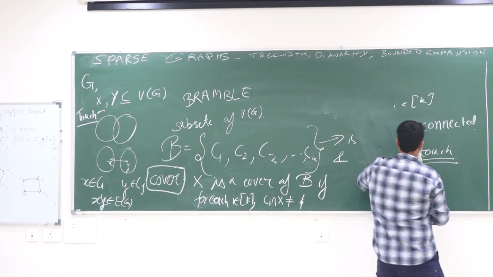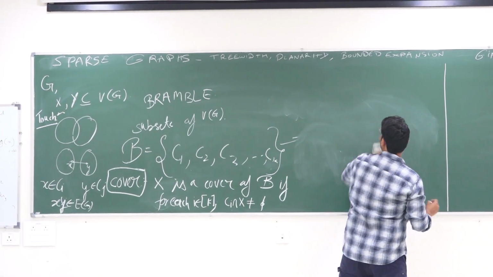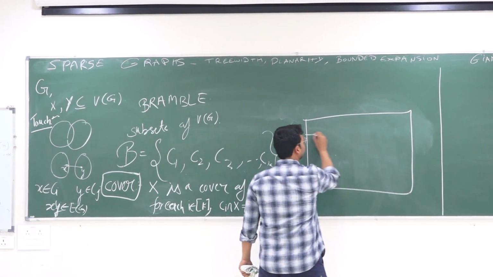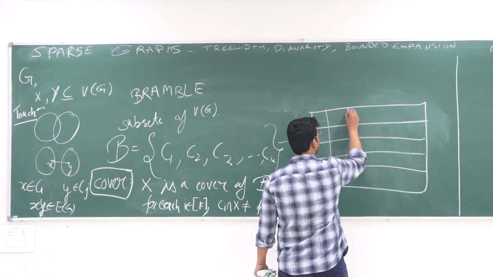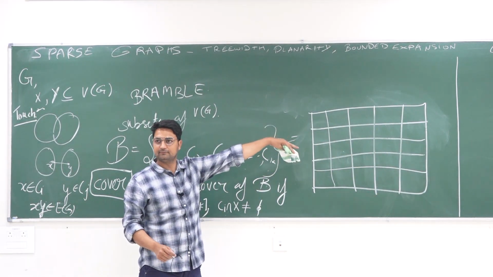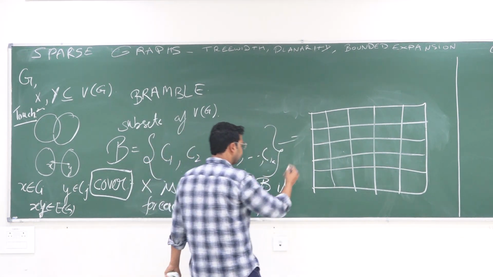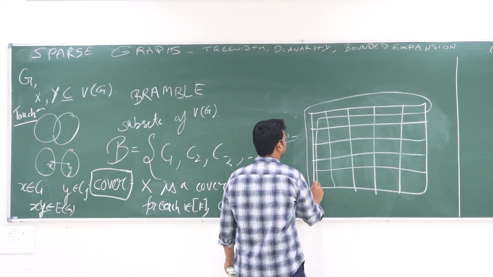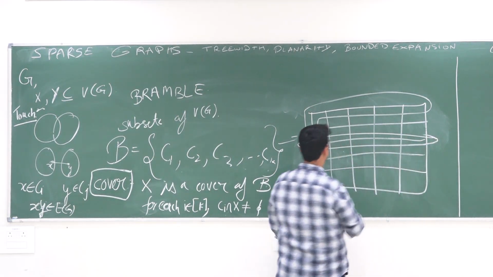Okay, I'll give an easy example. I was saving it for later, but let me do it right away. For example, this is a graph, and if I want to make a Bramble set for this graph, one part can be this, and the other part can be this.